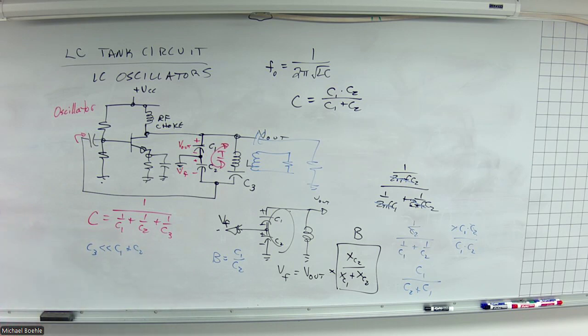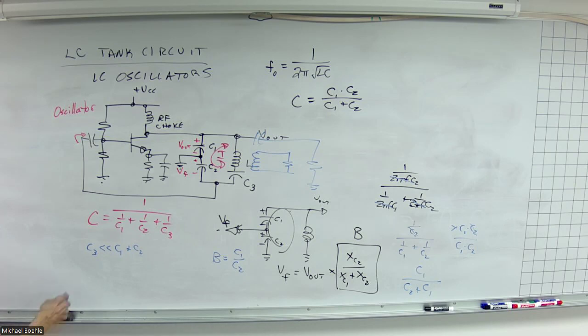So because this formula is the same as resistors in parallel, if one resistor in parallel is much smaller than all the other resistors, the total resistance is going to be what? Less than the smallest one, but if this is a lot smaller, it's going to be very close.